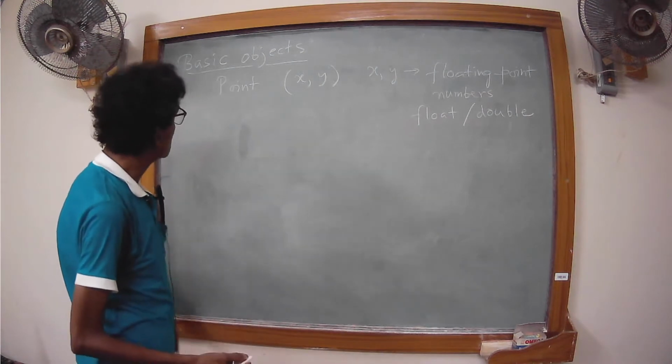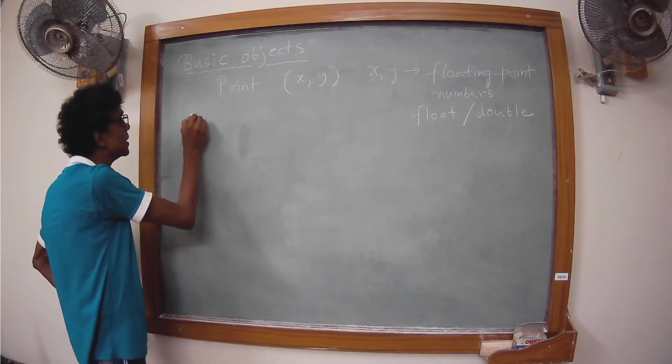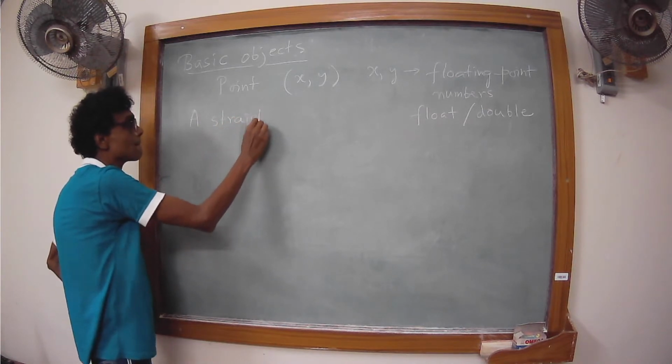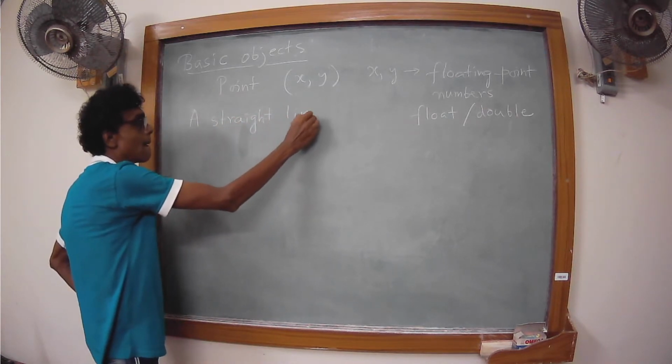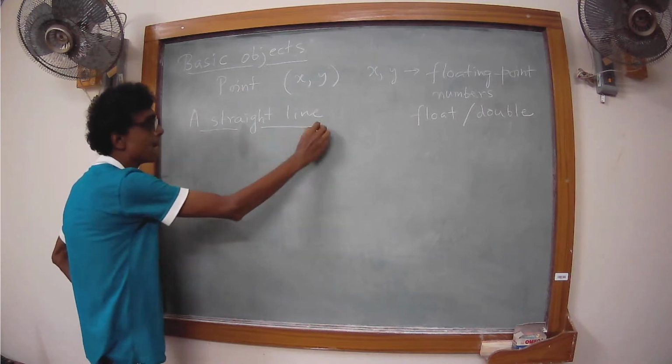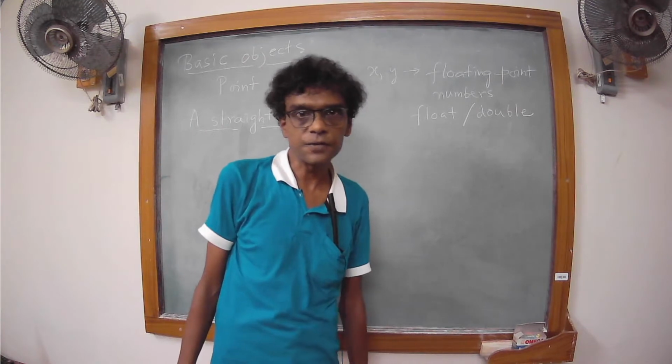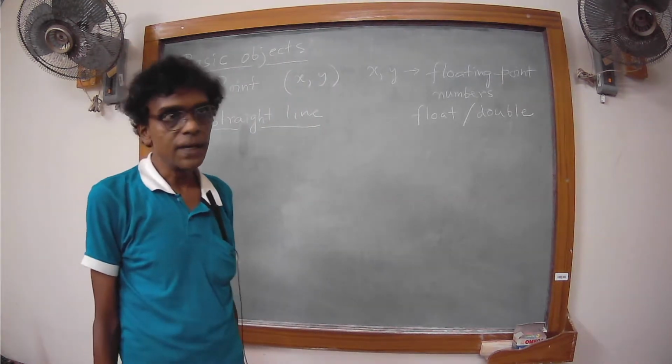The second basic object is definitely a straight line. Now, question is, how do you specify a straight line? There are many ways I can do it.